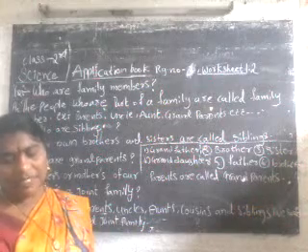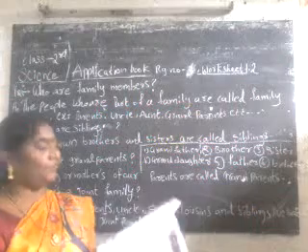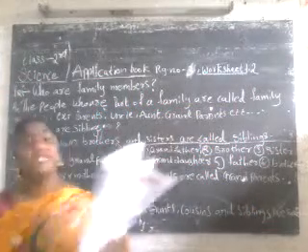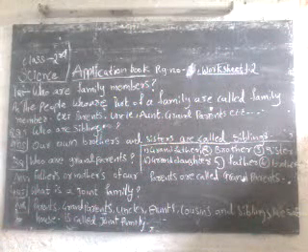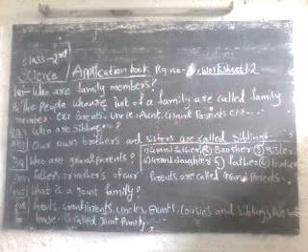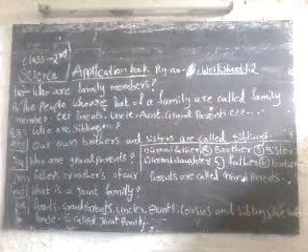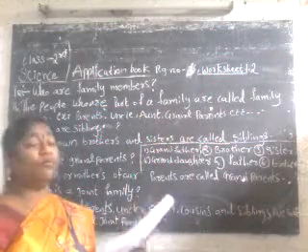Understand? Next, turn the page. See, look here. Name the family members of Zoya. That is our lesson. Name the family members of Zoya. So look here. Sister of Zoya's father.